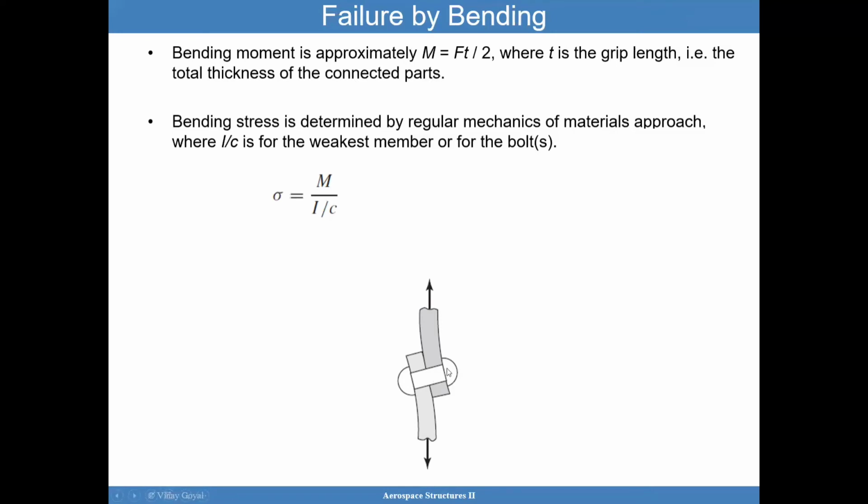The bending stress is determined by regular mechanics. So we basically have stress equals Mc over I. And we will write it in this manner, M divided by I over c, because what we're looking for is the lowest value of I over c that corresponds to either the member or the bolts that are attaching the members.